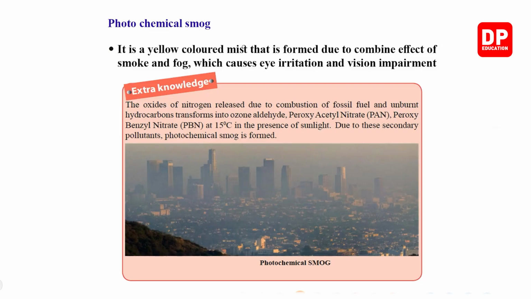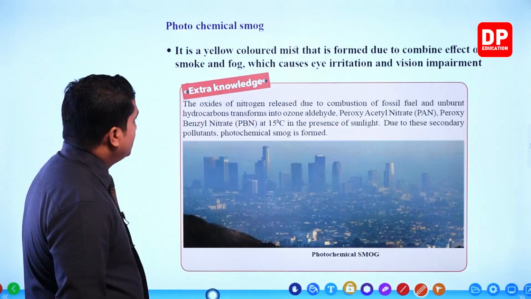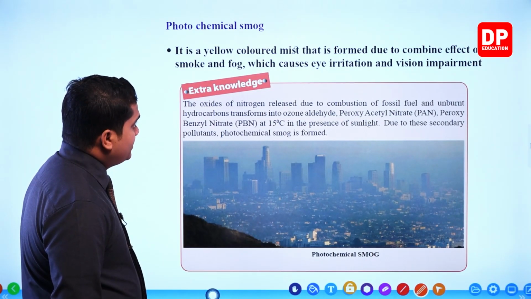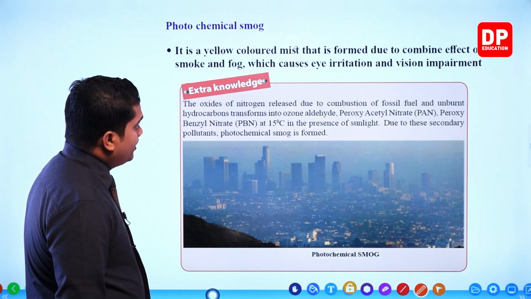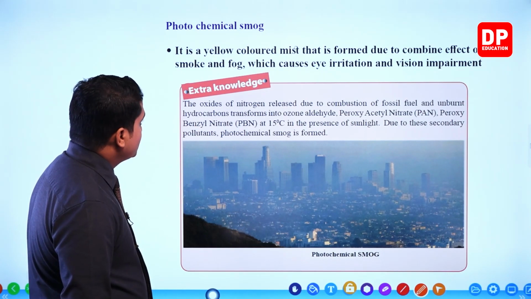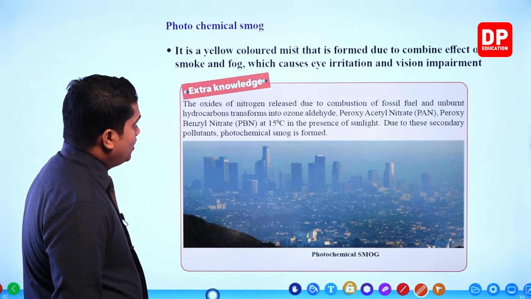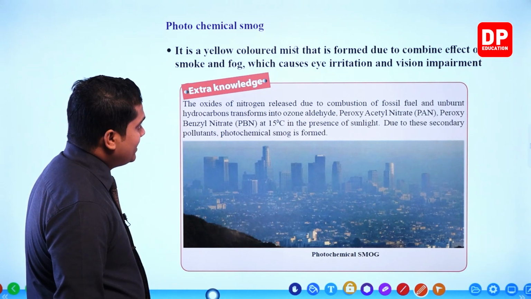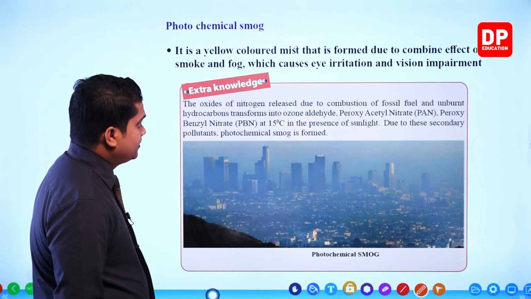Now the next one, photochemical smog. Photochemical smog is a yellow colored mist that is formed due to the combined effect of smoke and fog, which causes eye irritation and vision impairment.